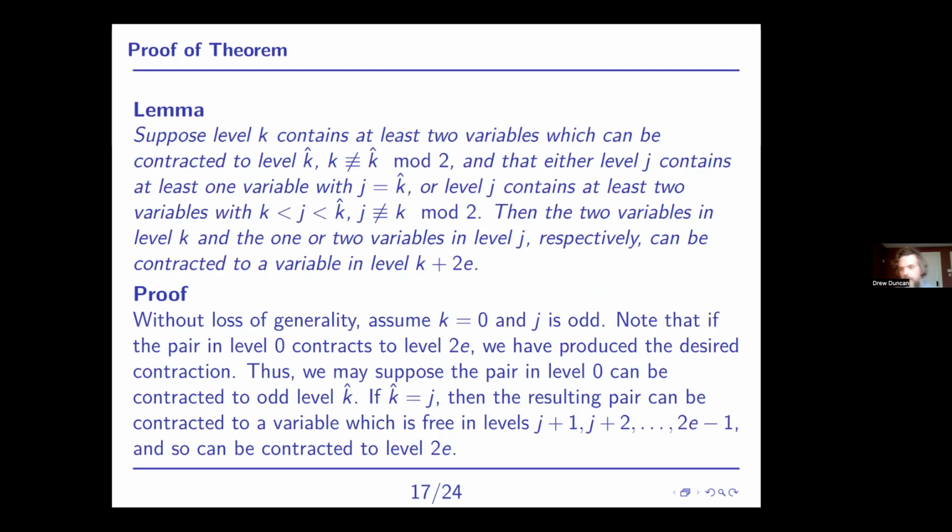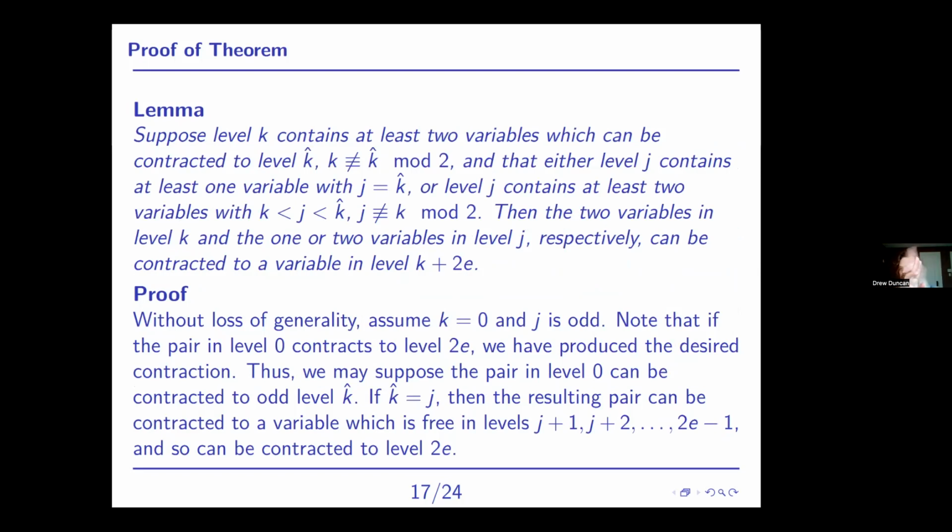Okay, this next one is a little more complicated to state, as you can see, but it's fairly simple to explain, and I'm going to do it visually. So let's imagine we have a pair of variables in level 0 and a pair of variables in some odd numbered level, and this pair contracts past this pair.